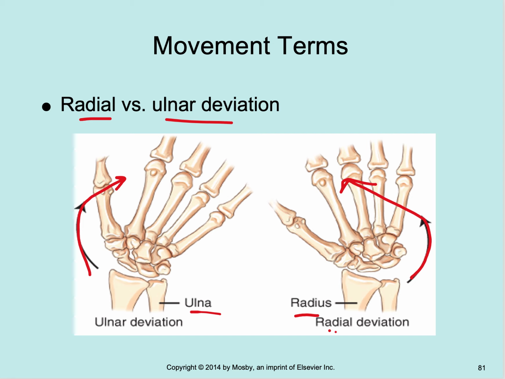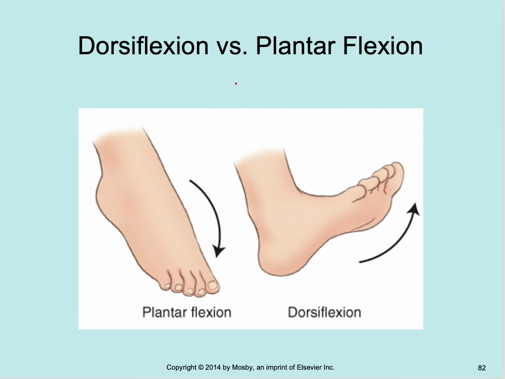So radial deviation towards the thumb side. So you're bringing your hand more towards the radius, or your hand more towards the ulna. Ulnar deviation, radial deviation.